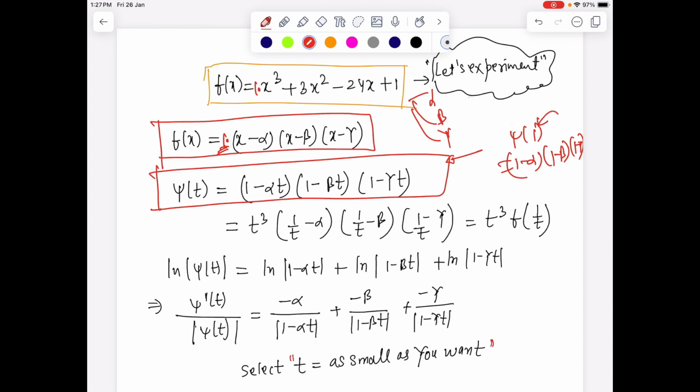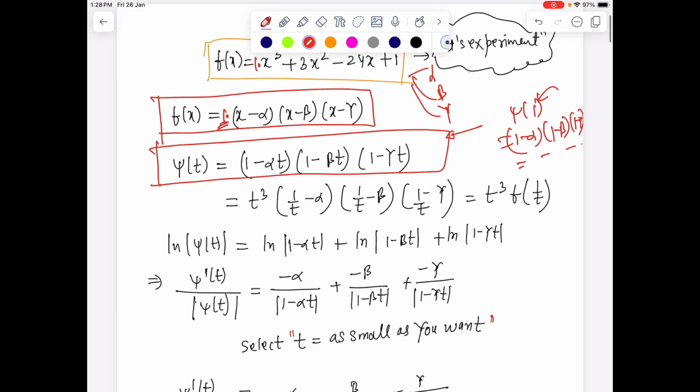Somehow if I can relate psi 1 with f1 or f2 or whatever, I'll be able to calculate this value without multiplying and finding the sum of roots taken 2 at a time, or alpha beta gamma, because the other way is just to multiply and get that. If I ask what is psi of minus 1, it will automatically calculate 1 plus alpha, 1 plus beta, 1 plus gamma without multiplying them individually.